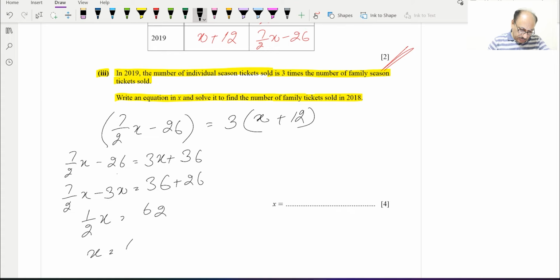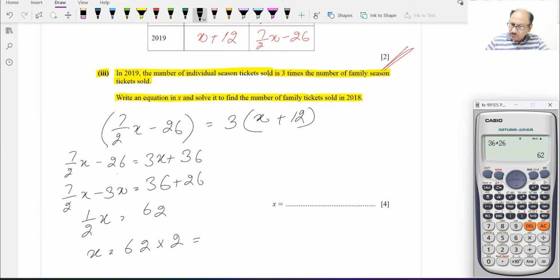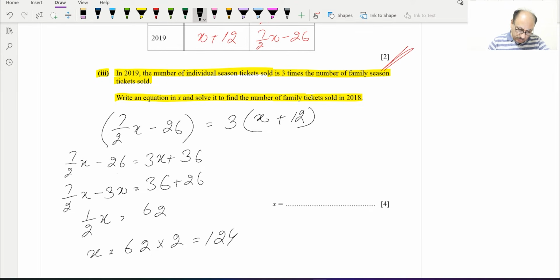So x is equal to 62 multiplied by 2, which is 124. So x equals 124 will be our final answer for 4 marks.